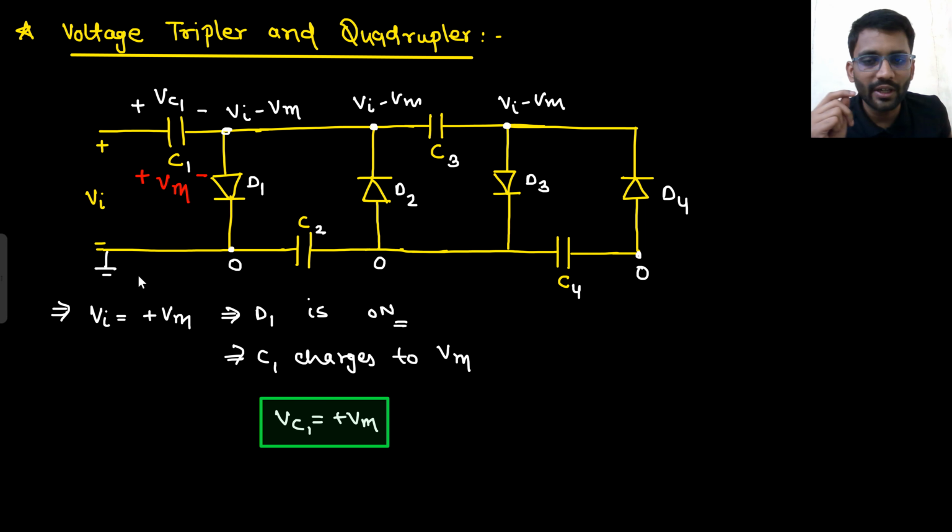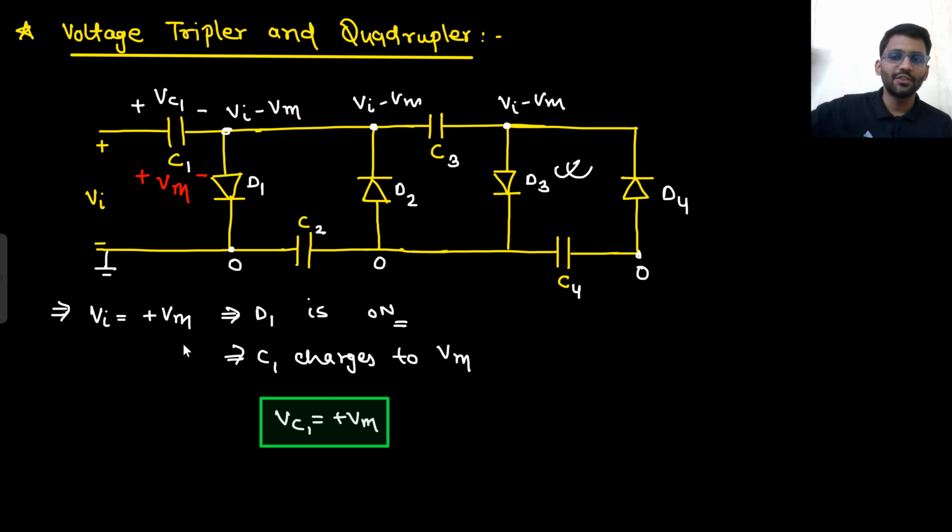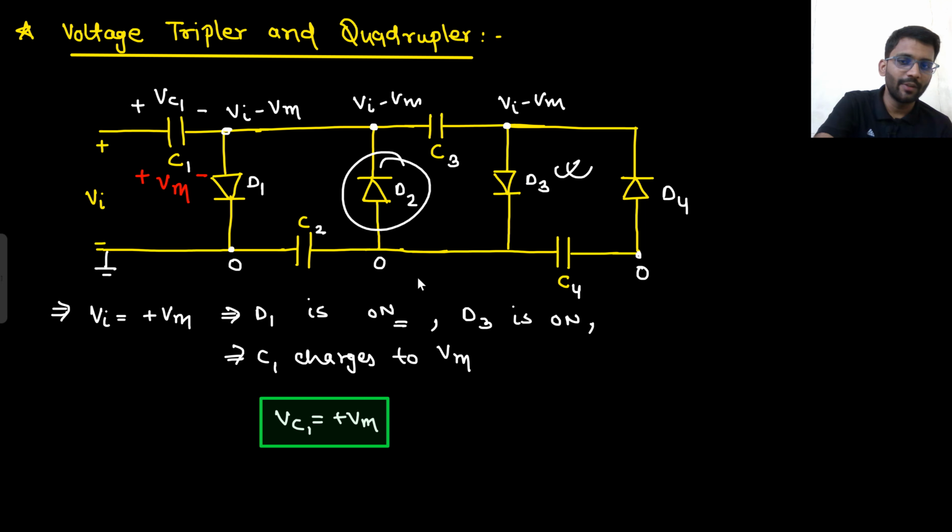Now one more doubt people can have, sir, that at Vin equal to plus Vm even D3 will turn on. Yeah, D3 will also turn on. This I forgot to tell. When Vin is equal to plus Vm, what will happen? D3 will also turn on. Are you agreeing to this point? Yeah, D3 will also turn on. So when Vin is equal to plus Vm, D1 will be on, D3 will be on, D2 will be off and D4 will also be off, right?